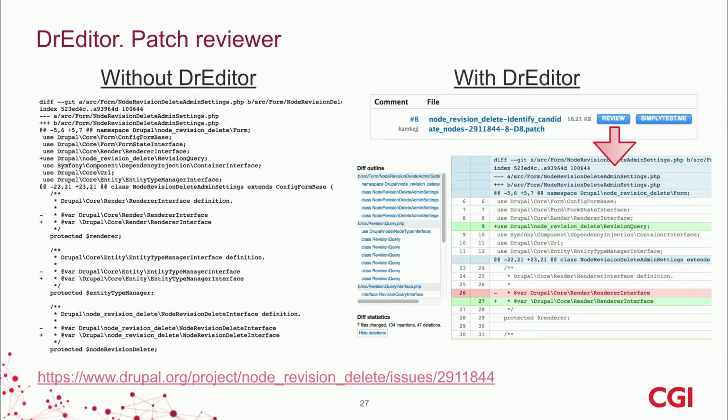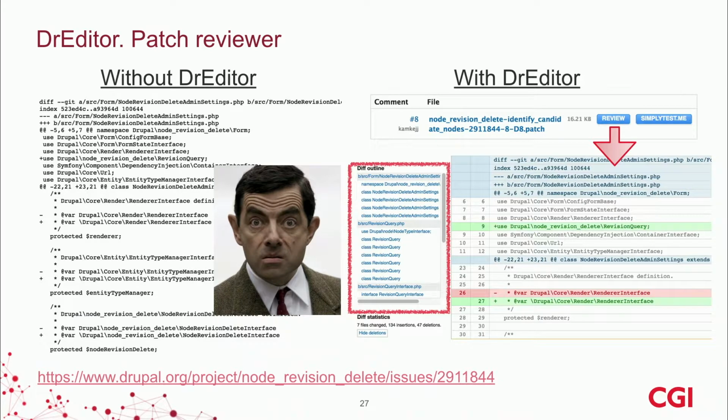You have here all the files that the patch will modify. If you click on the file names, you will go automatically to the line where the file starts. You can hide the deletions.